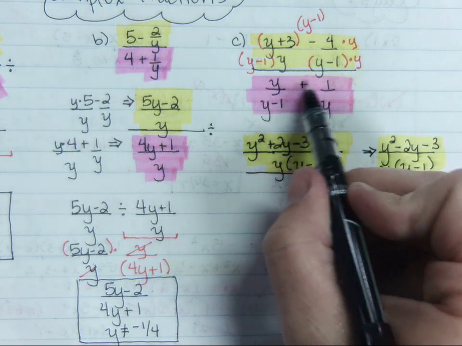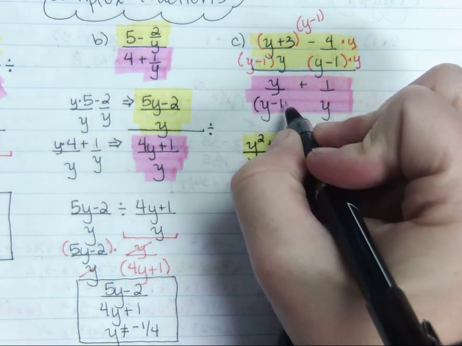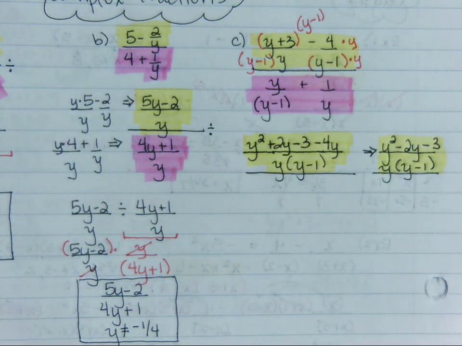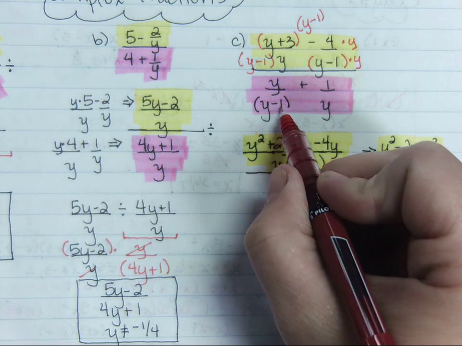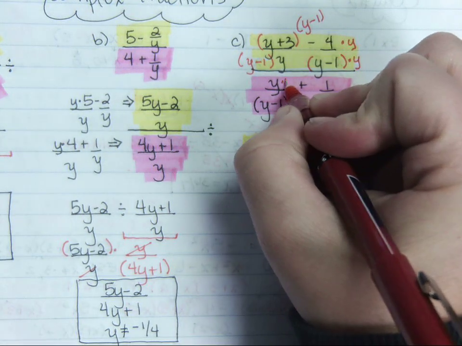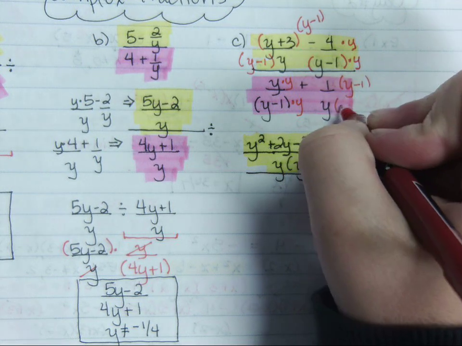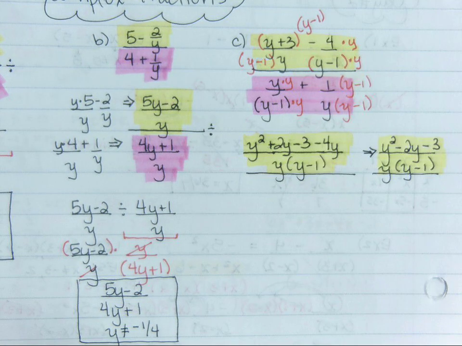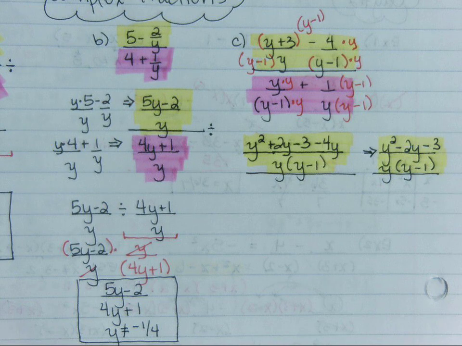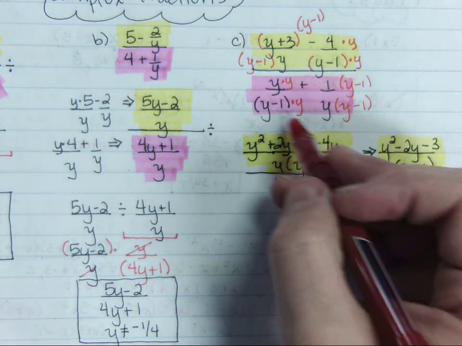So in this denominator, again, I'm going to need to have a y and a y minus 1. So both of these fractions are going to need to be multiplied by the factor that's missing. And again, I'm going to do my work.